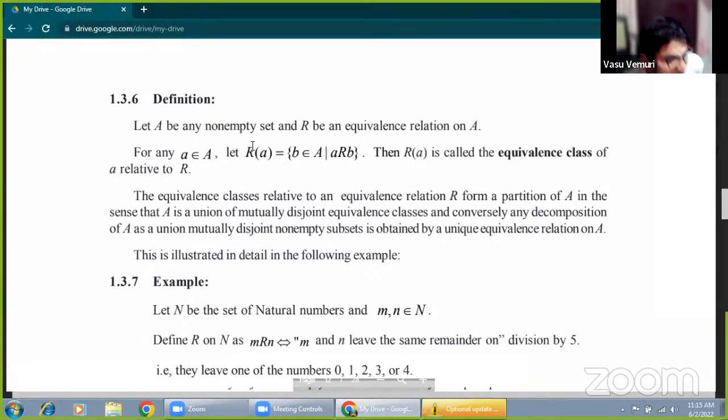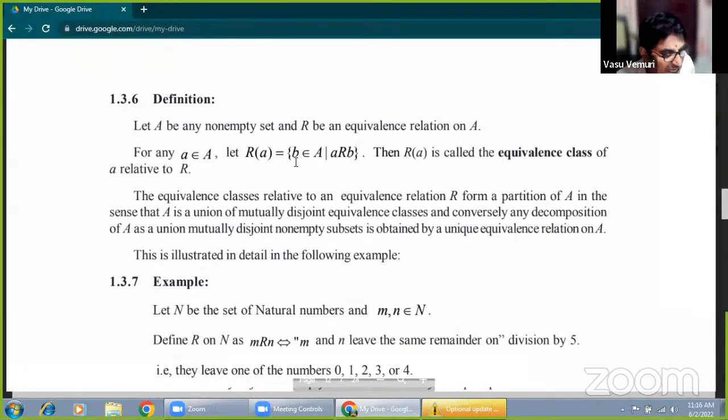What is the equivalence class? Capital R of A equals the set of elements where small a belongs to capital A. According to the equivalence relation on the non-empty set, we construct the equivalence class.